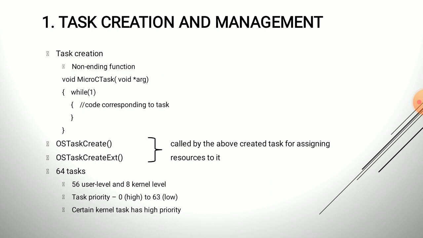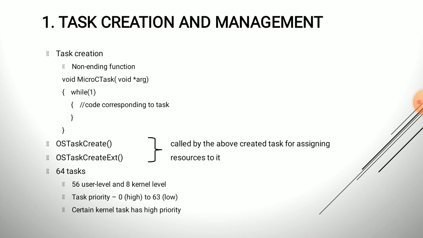Next is task creation. A task is usually created as a non-ending function. Here this code represents the creation of a task. It creates a task with the name micro C task.